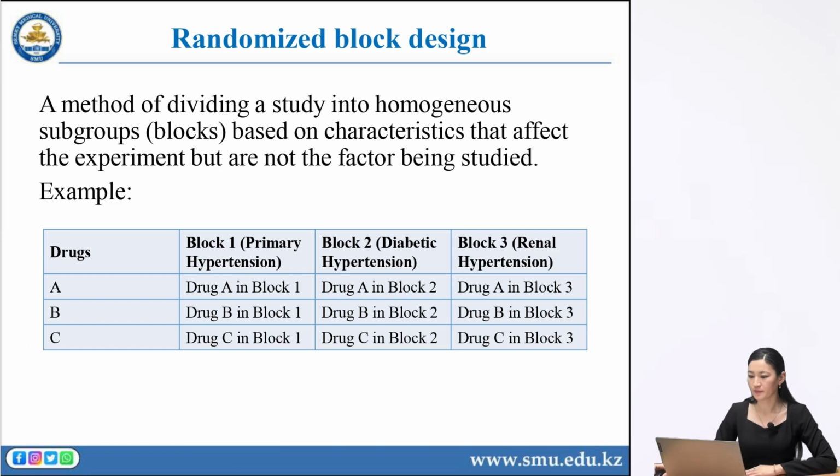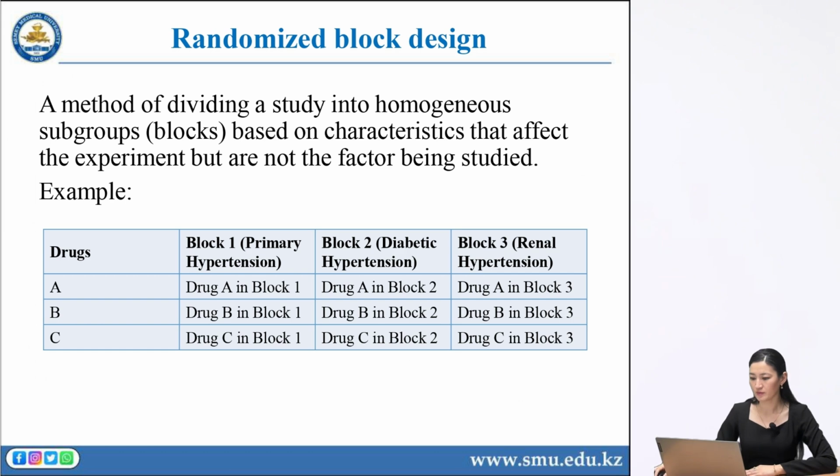Here, different drugs and different conditions such as primary, diabetic or renal hypertension. This way we can study main effects and interaction effects between the variables. At the end we will find which drug is more effective for which type of hypertension.